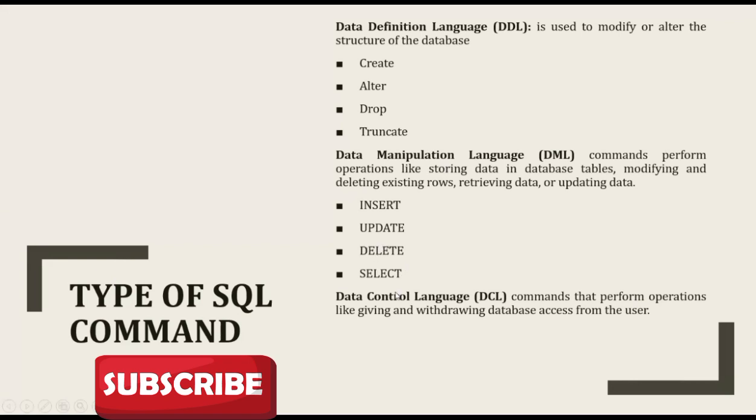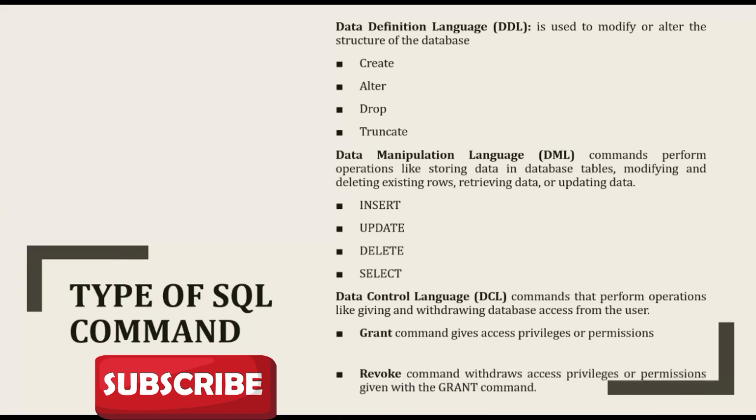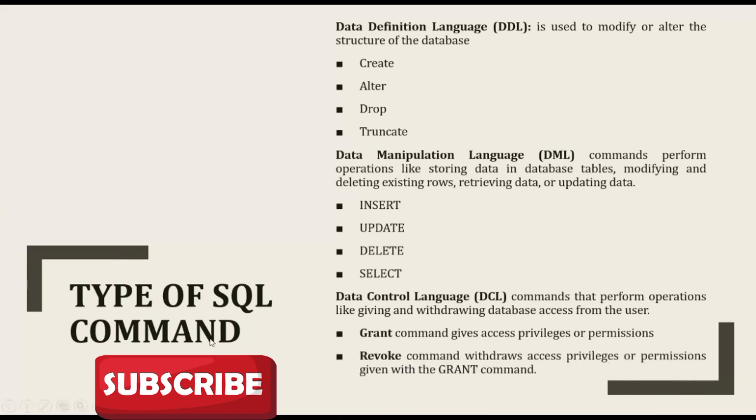So now we have data control language. There are commands that perform operations like giving and withdrawing database access from the user. An example is grant. Grant gives you access or privileges or permissions. Revoke lets you say, okay, I don't want to give this particular person access again, so it withdraws the access privileges or permission given with the grant command.